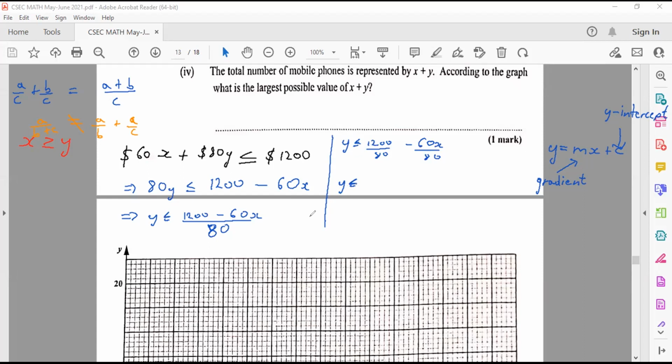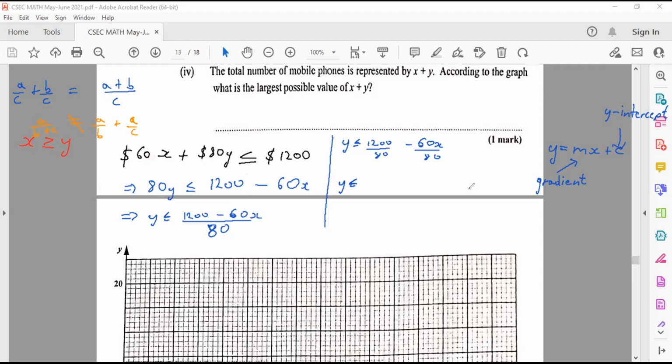Why would it be 1200 minus cos of x? It's not cos, it's supposed to be 60. I was confused. It's 60, it's just that my handwriting is so beautiful. You understand?